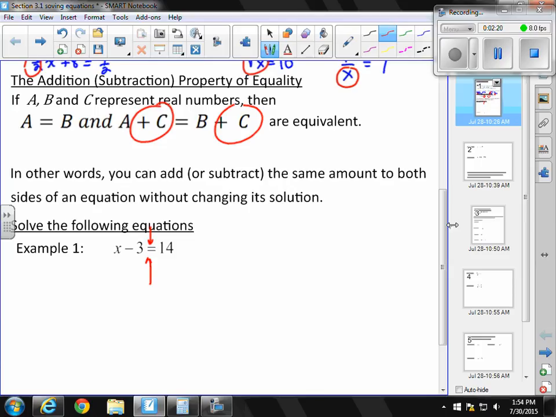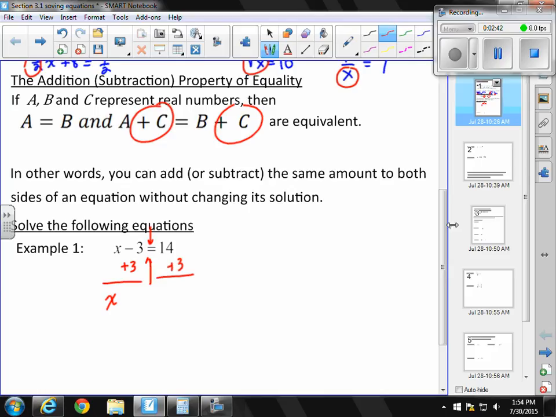In order to solve example number 1, we need to figure out how to get x by itself. In this example, since I have x minus 3, I want to add 3 to both sides. What that leaves me with is x, and negative 3 plus 3 is 0.